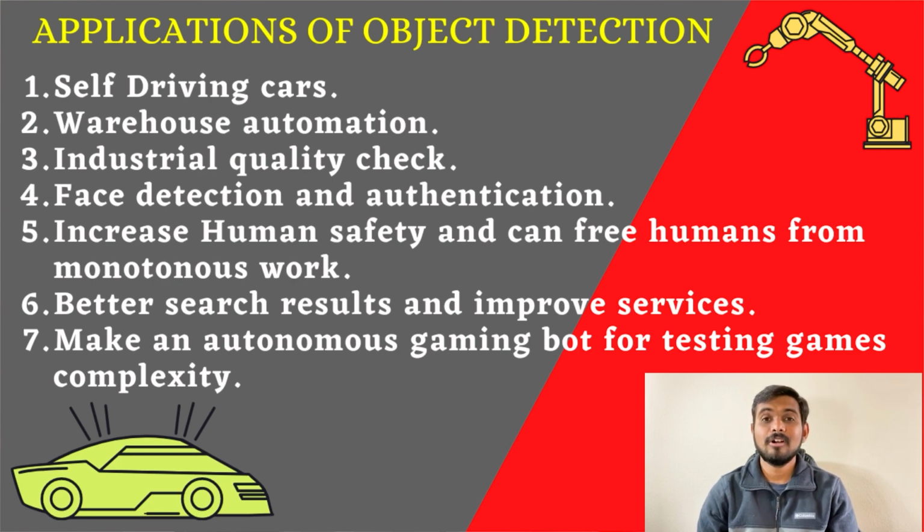Also, we can do face recognition and authentication by object detection. Object detection can be helpful where you can pass a robot in a hazardous situation, which will increase human safety and will reduce mundane work of humans. Also, this image recognition can be used by web services and you can get better and robust results.